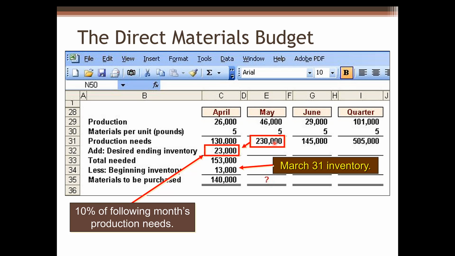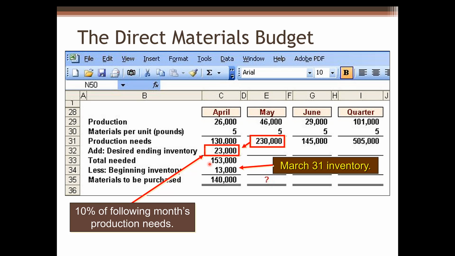We use 10% multiplied by 230,000, and we get 23,000. This is the desired ending inventory of materials for April. We add it to production needs of materials for April, and we get 153,000.